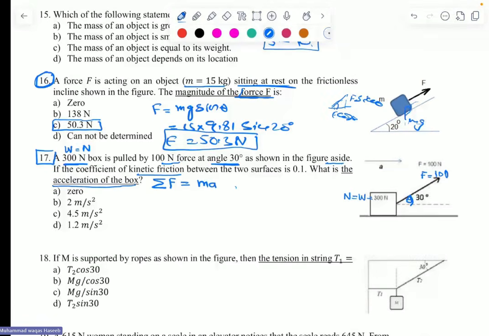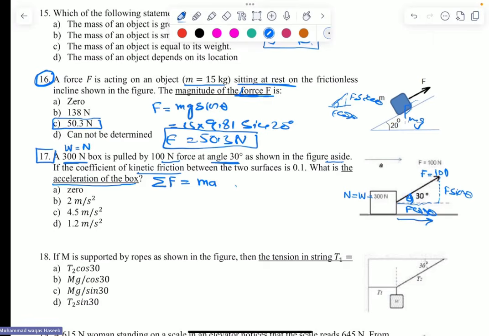If the kinetic coefficient of friction is given, you are applying a force in this direction, so it has two components as well. This component is F cosine theta, and this is F sine theta. The motion is along this direction, so we will consider the component F cos theta.